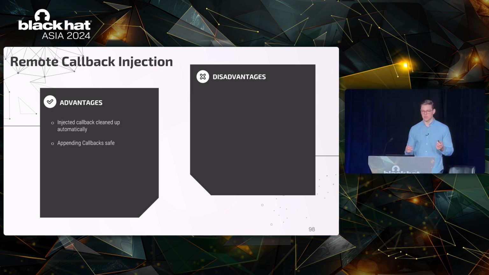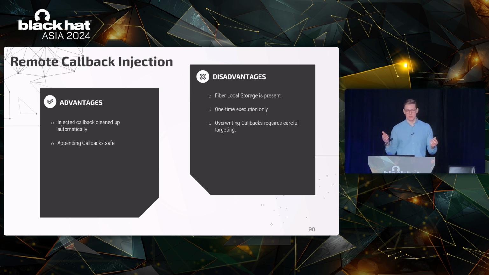And the advantages of this, well, our injected callback is actually cleaned up remotely by the application itself for us, so we don't have to bother with cleanup. And if we're appending callbacks, then we're not overwriting any critical fiber local storage callbacks that may have been defined by the developer.